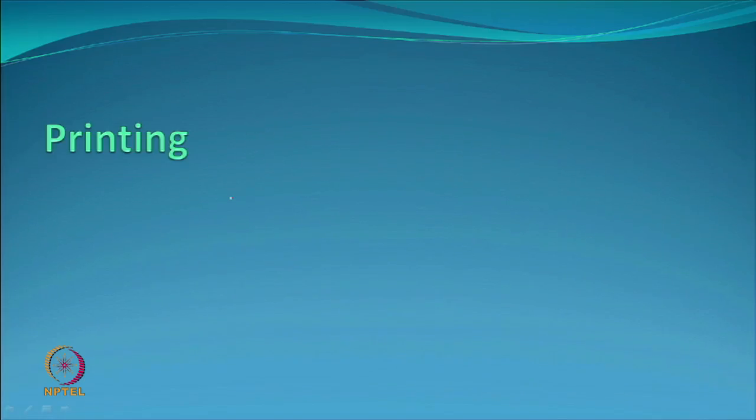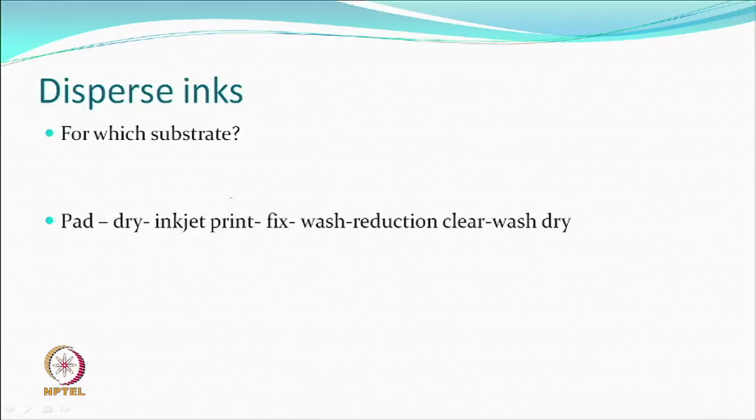Then printing with the dispersed inks. So, obviously dispersed ink, direct printing, substrate polyester, generally. Theoretically you can print all the synthetic fibers, and there will be some affinity for this. So, the process is pad, dry, inkjet print, fix, wash, reduction clear, wash and dry.